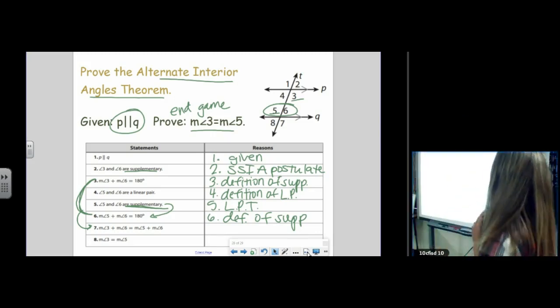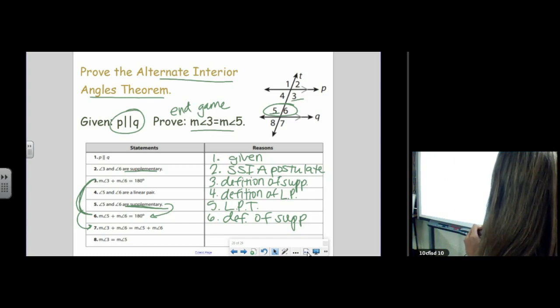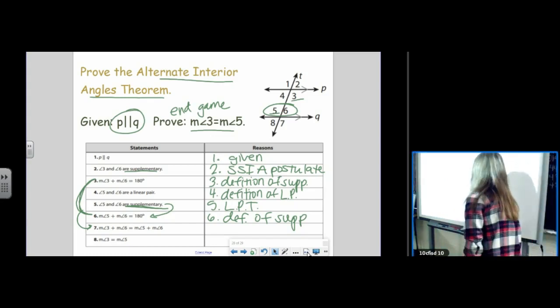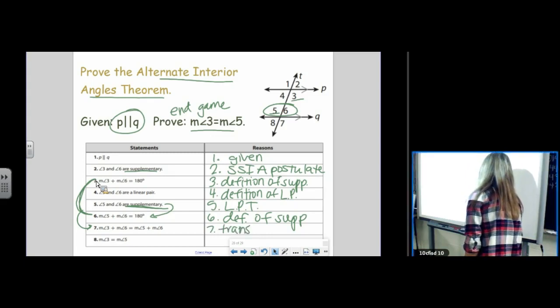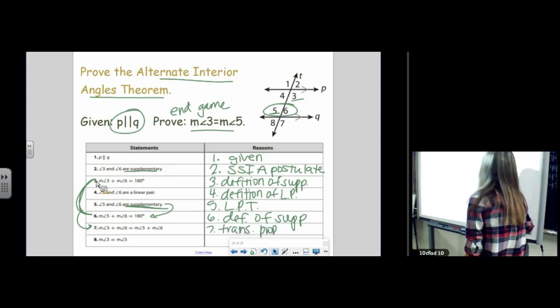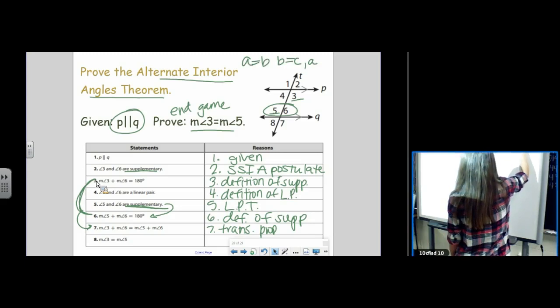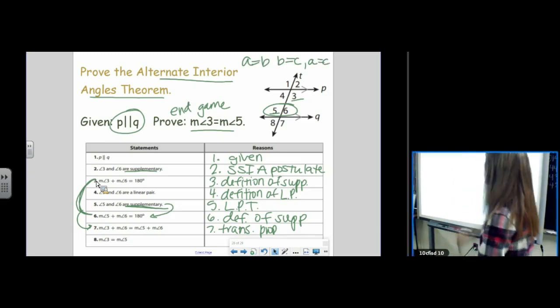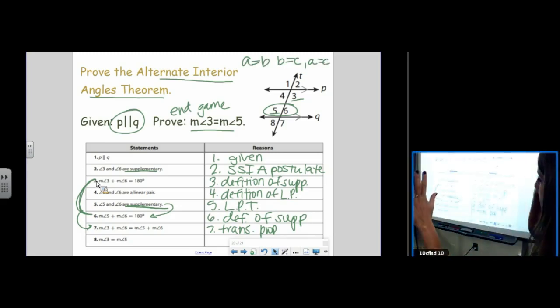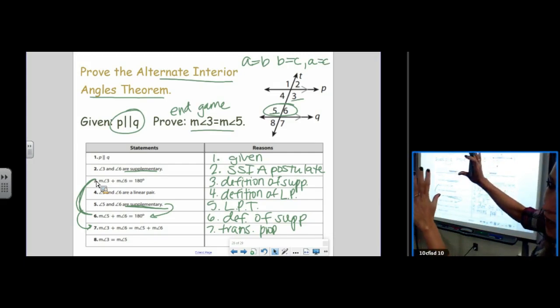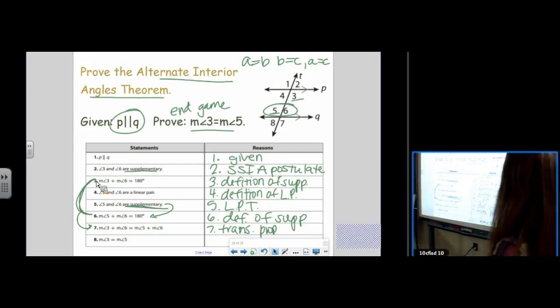I'm going to put that it's the transitive property of equality, and we'll talk about that later. It's from algebra. That property says if A equals B and B equals C, then A equals C, and that's kind of what we did there. If these two angles equal 180 and these two angles equal 180, well then by golly, they equal each other.